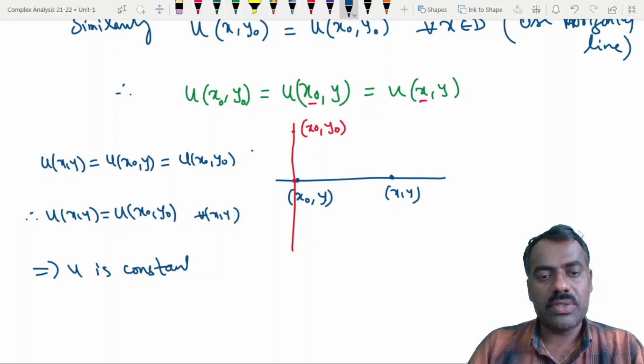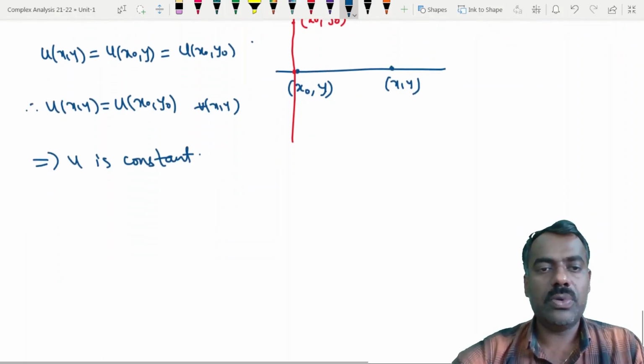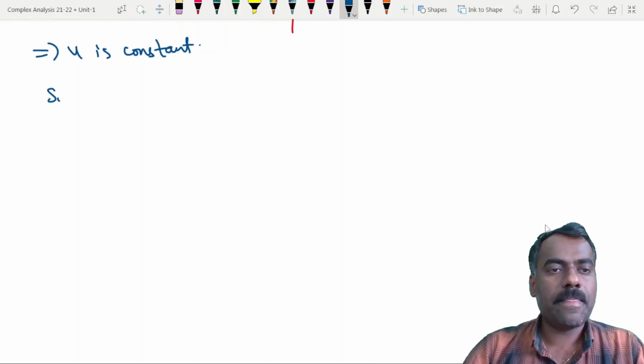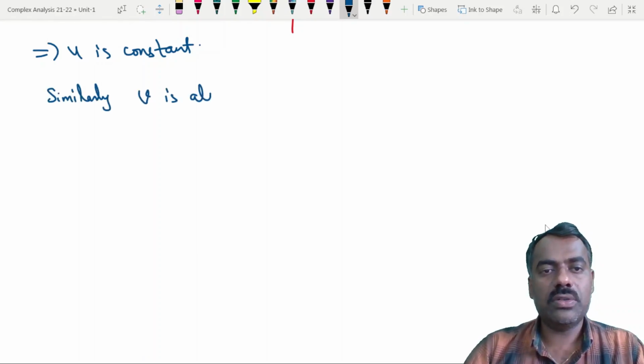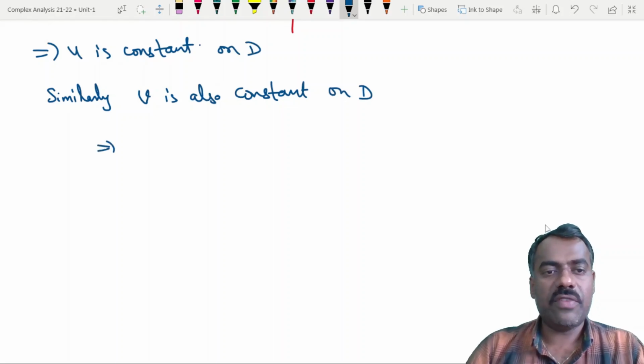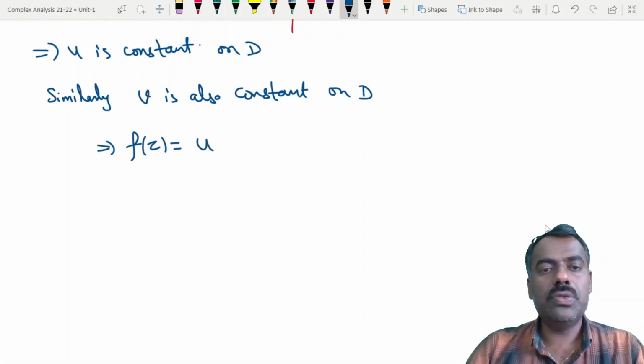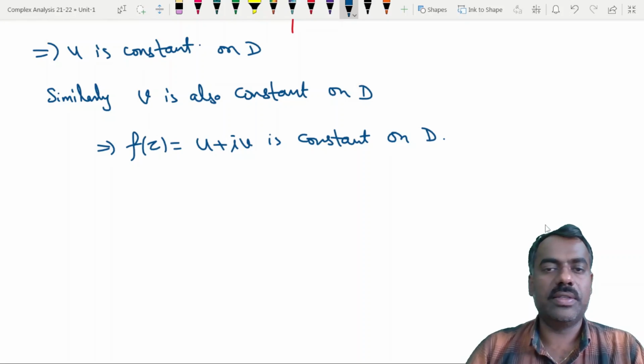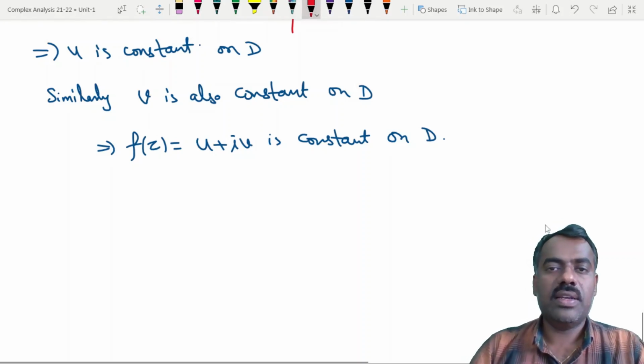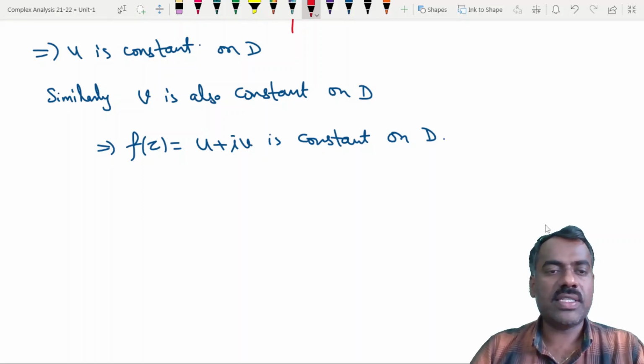Okay, in a similar way we can prove that v is also constant, of course constant throughout D. This implies f of z, which is equal to u plus iv, is constant throughout D. So if f'(z) is equal to 0 in a domain D, then f of z is constant.